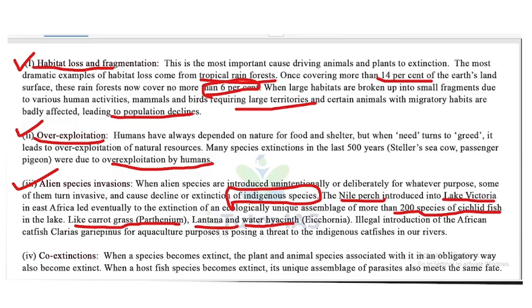Illegal introduction of African catfish, Clarias gariepinus, for aquaculture purpose is posing a threat to the indigenous catfish in our rivers. So the third evil in the evil quartet is over, that is alien species invasion.